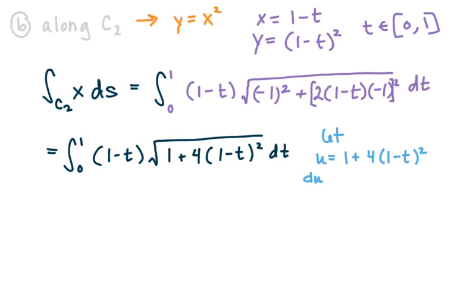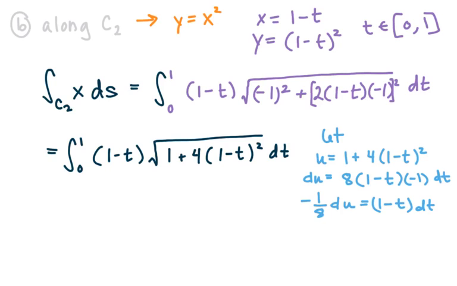So that means du is 8 times 1 minus t times -1 dt, or -1/8 du is 1 minus t dt.